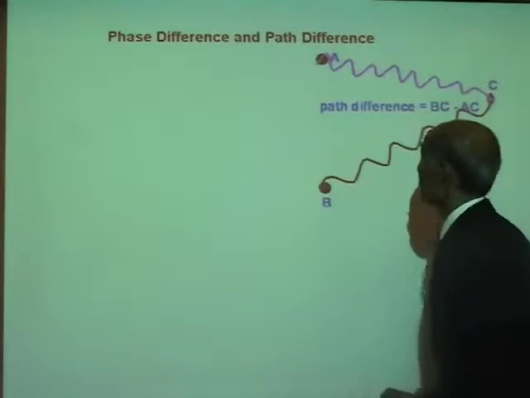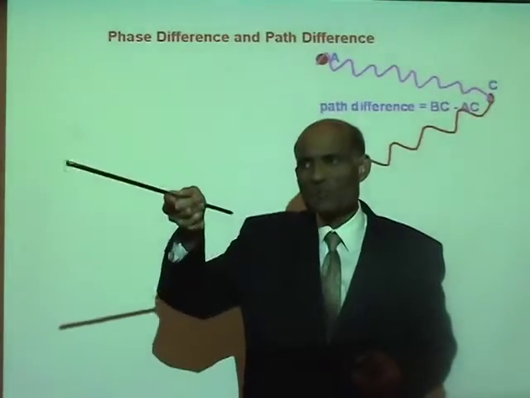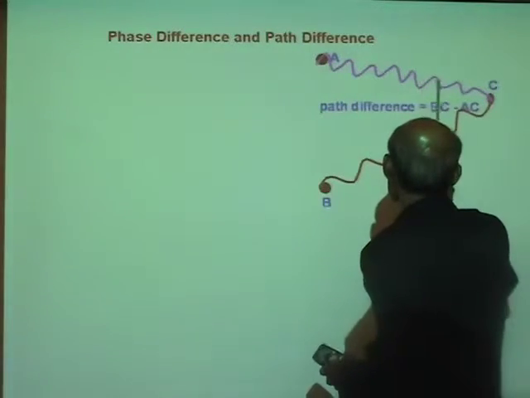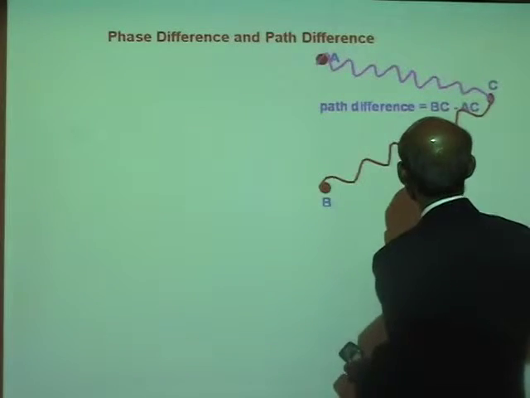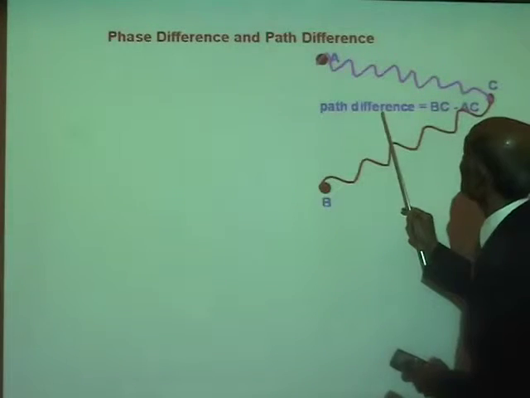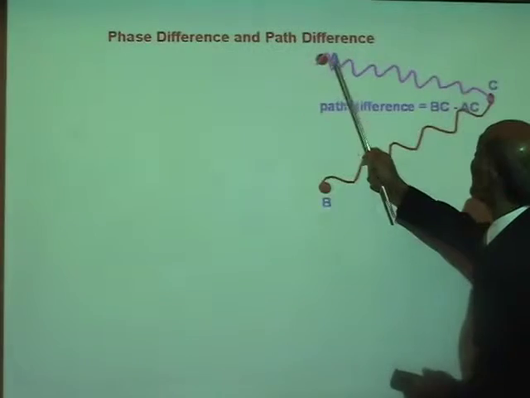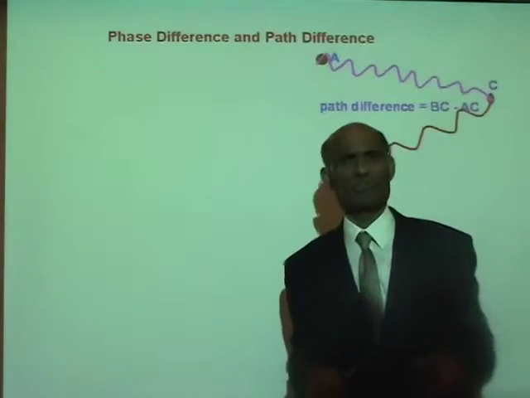The path difference. What is the meaning of path difference? A path stands for length of the path. This is the length of the path taken by waves from here, and this is the path taken by waves from here. So path difference is the length BC minus the length AC. That is what we call the path difference.